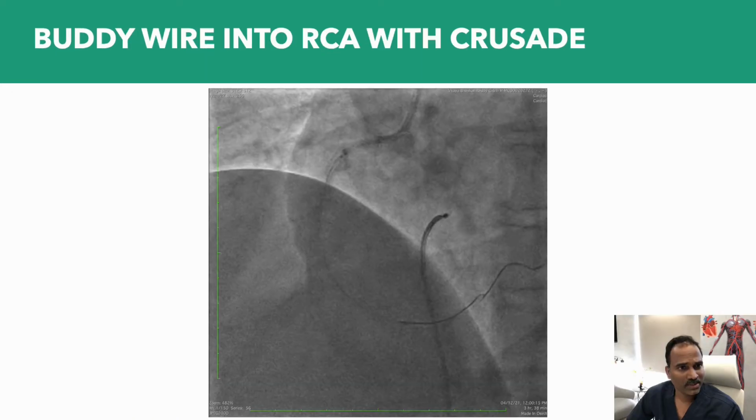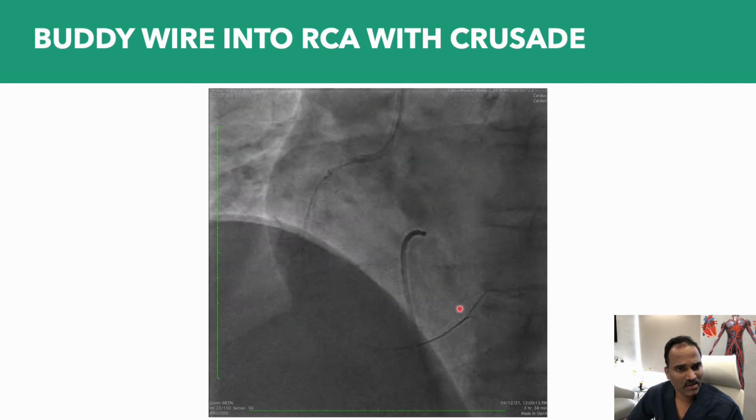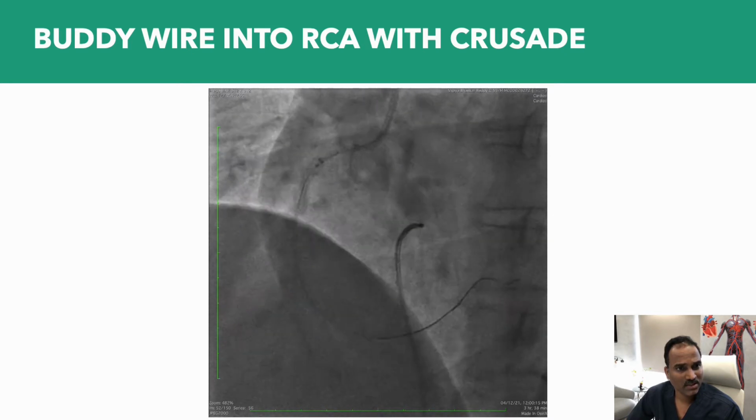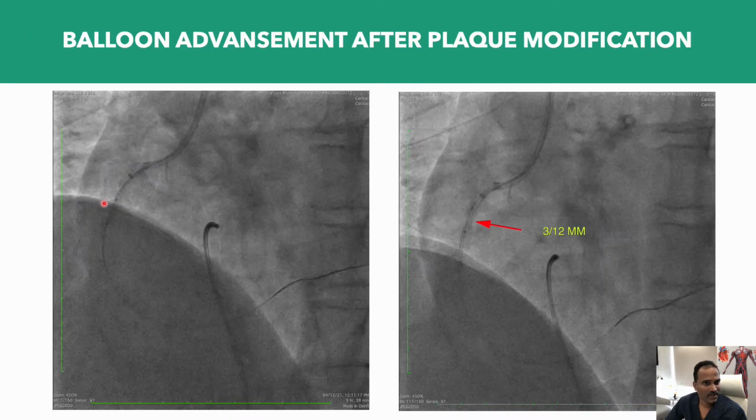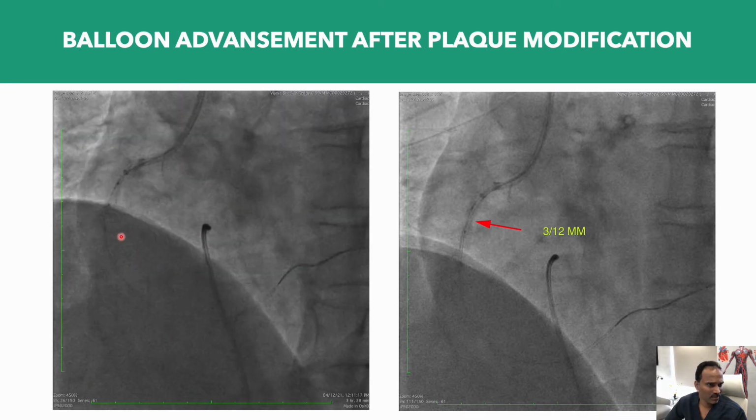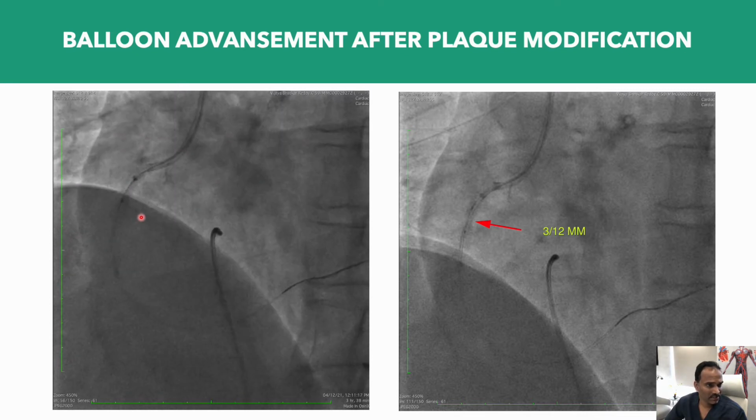What happened next is, through this double lumen catheter, I advanced a buddy wire into the distal vessel, and then we took a 3 into 12 mm balloon, which just went down, and then we dilated that area.